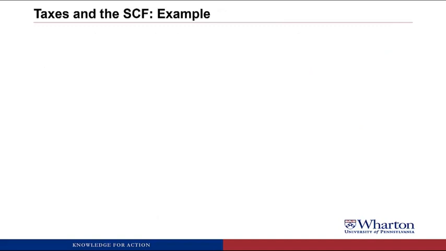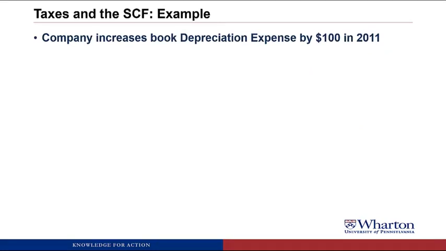So let's take a look at an example of how taxes work on the statement of cash flows in the operating section. So let's say a company decides to change its depreciation assumptions for the financial statements, and so their book or financial statement depreciation expense increases by 100 in 2011. Their pre-tax income will go down by 100 because if your depreciation expense goes up, pre-tax income has to go down.